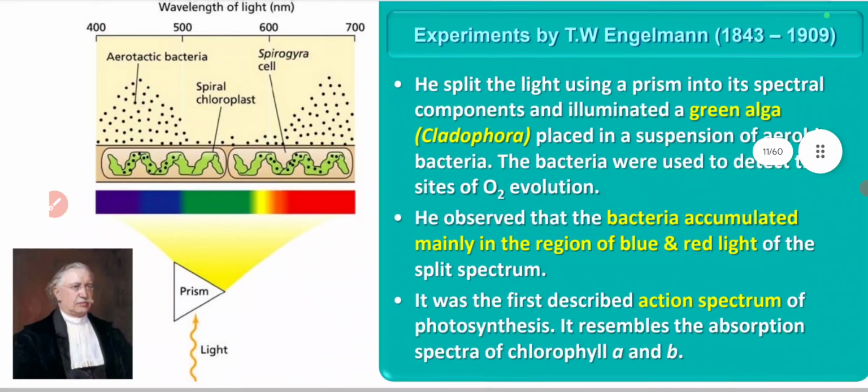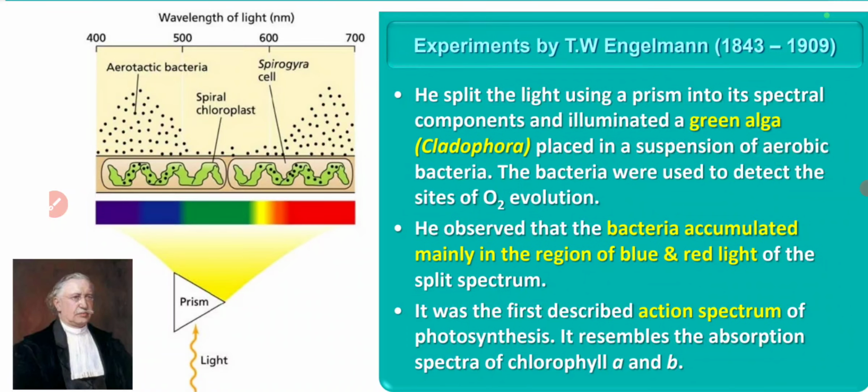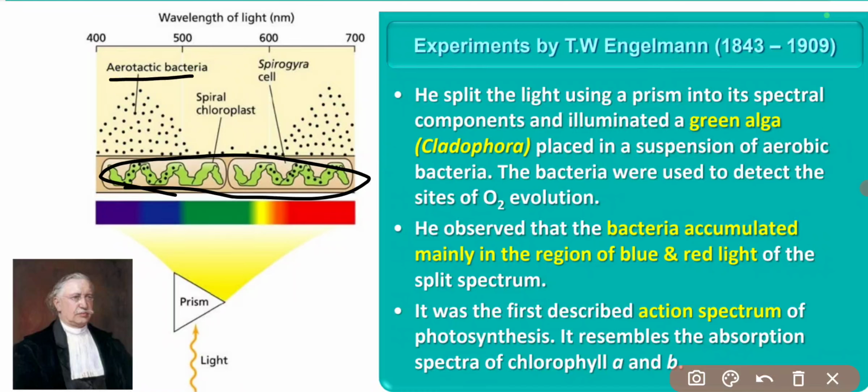Like in this diagram, you can see light goes into the prism and then splits out and becomes seven different colors, as you all know. And you can see this is the Cladophora, this portion, and some aerotactic or aerobic bacteria are present like this.